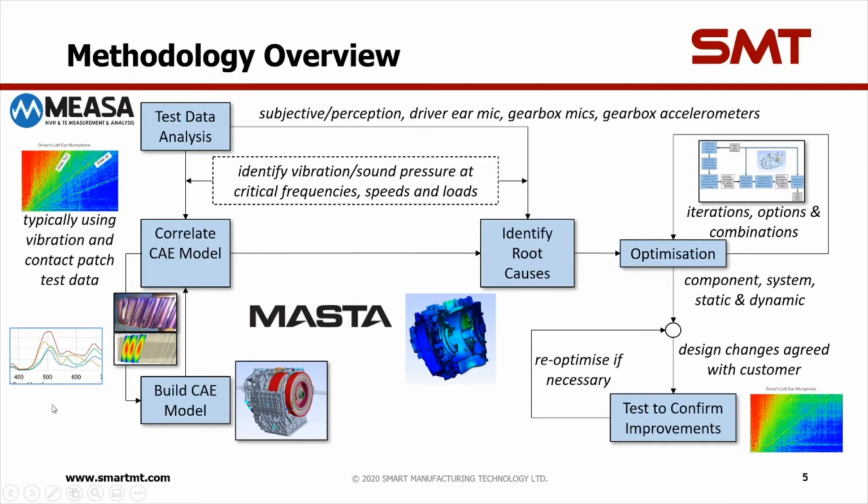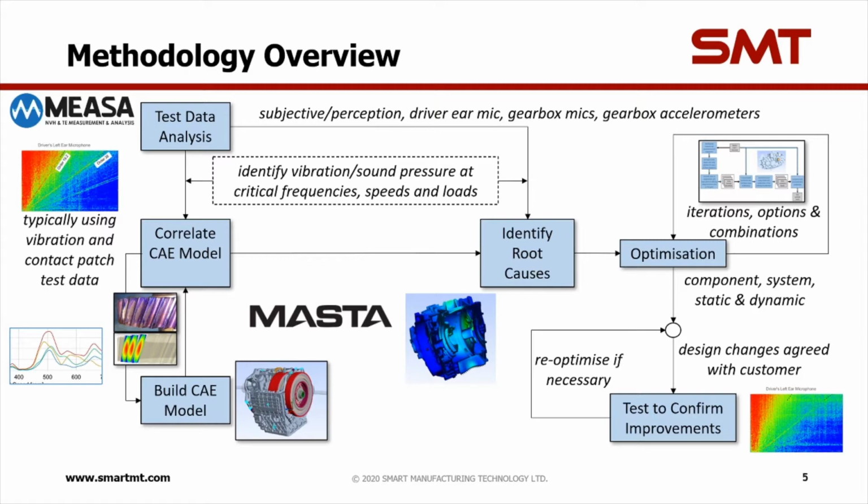In parallel, we'll be building a MASTA model, so we can correlate our simulation results with the test data, focusing on contact patterns and vibration response. We will also look to analyze the test data. So we need to identify the sources of the different orders.